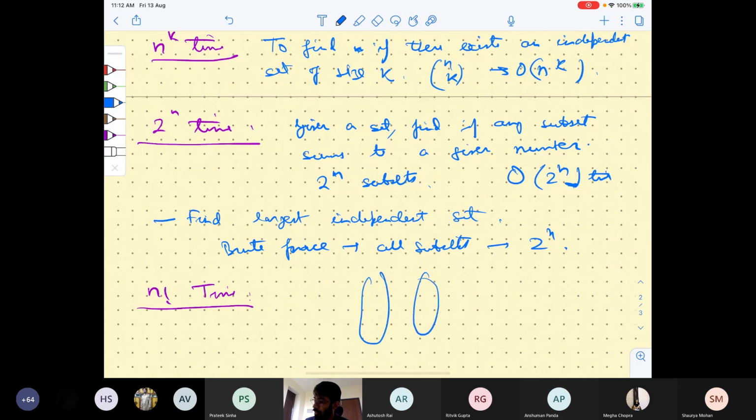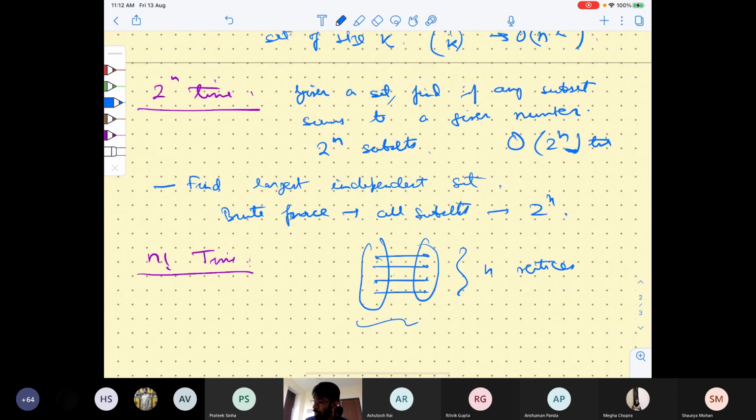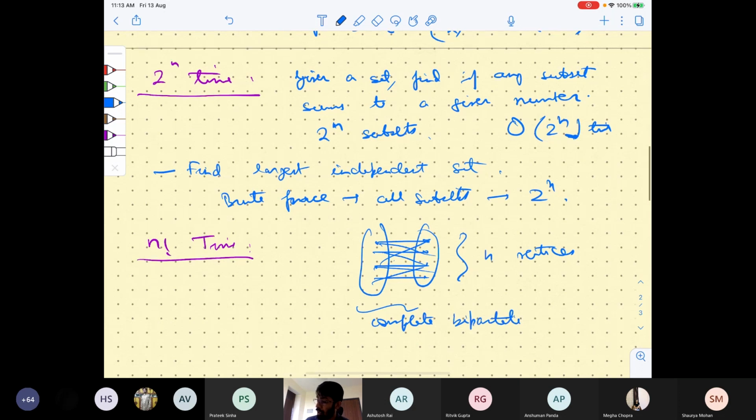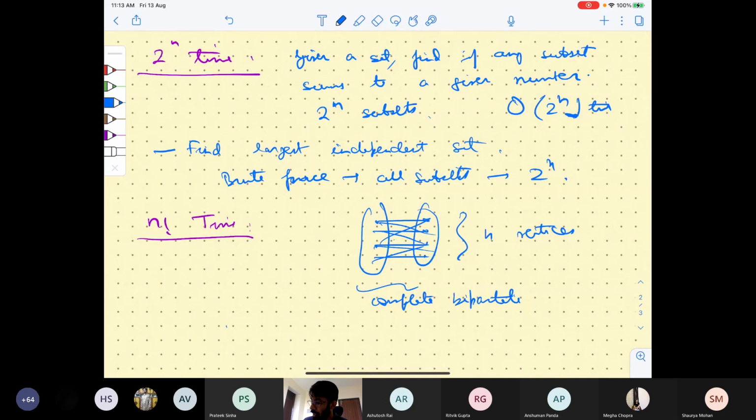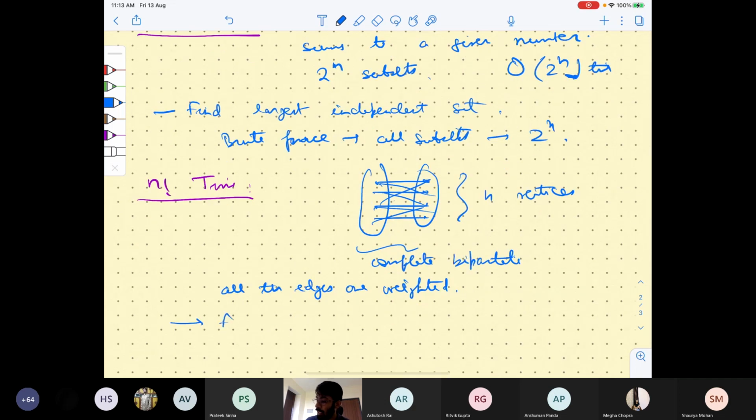So if you have a complete bipartite graph with n vertices on each side, all the edges are present, and suppose all the edges are weighted, so they have some weights. And then you are asked to find the minimum weight maximum matching or perfect matching.